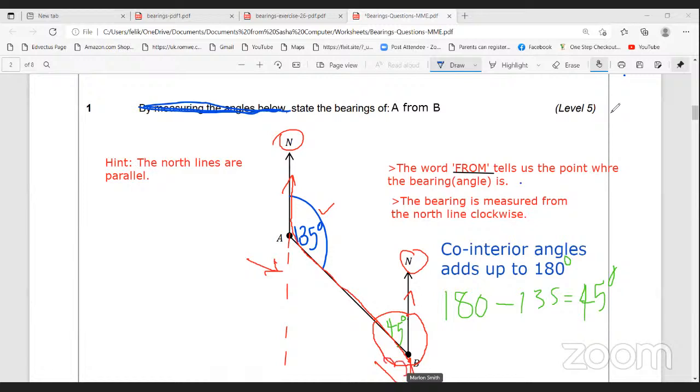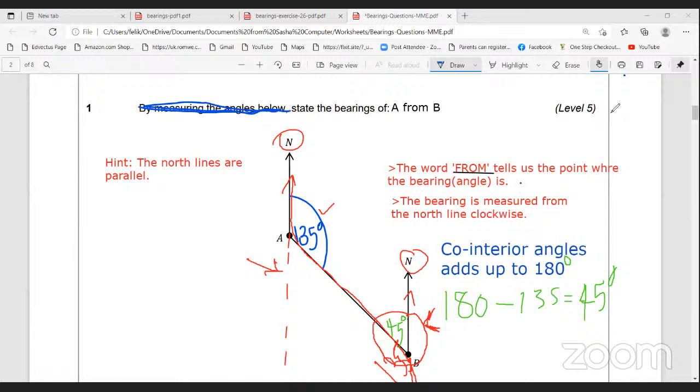Good. And you want to find this side alone on the left. What would that side be? It adds up to 135 plus 45, which gives you 180, and then you minus it from 360.